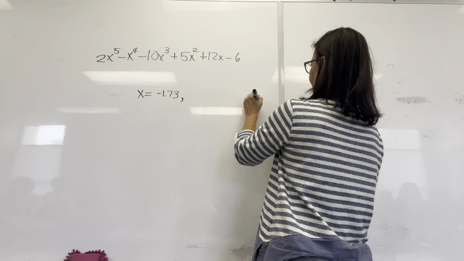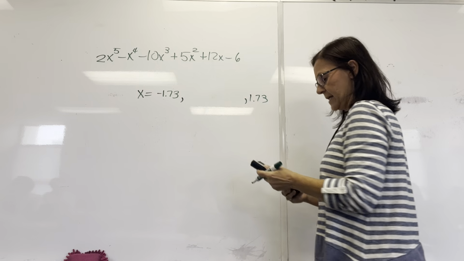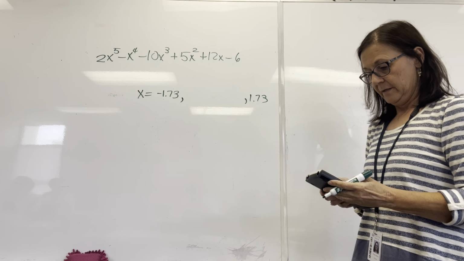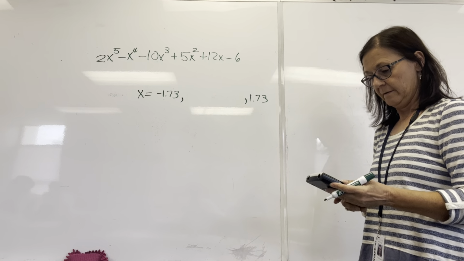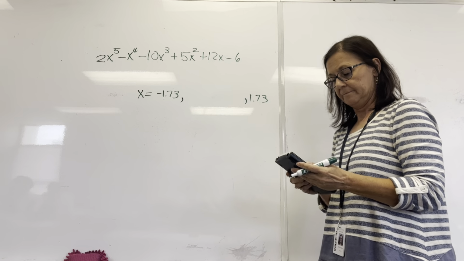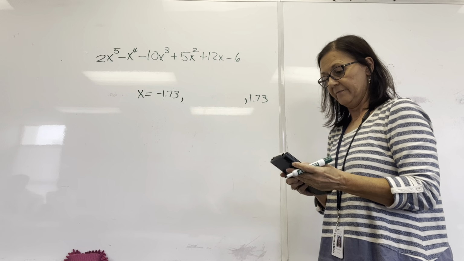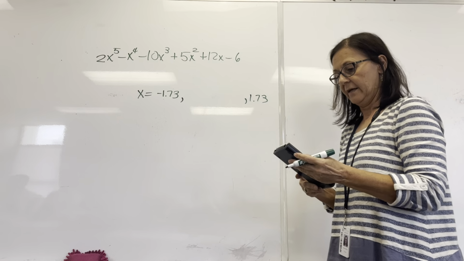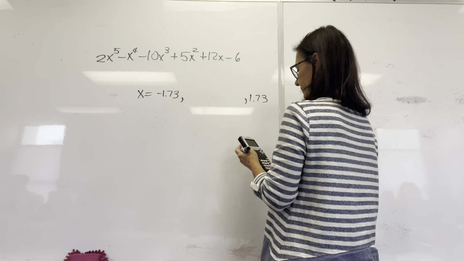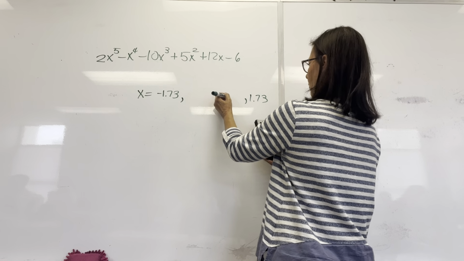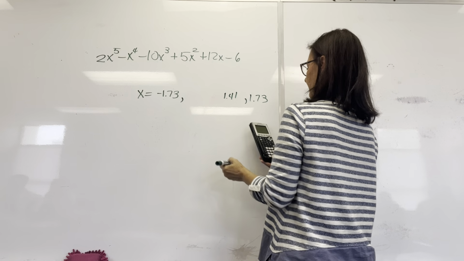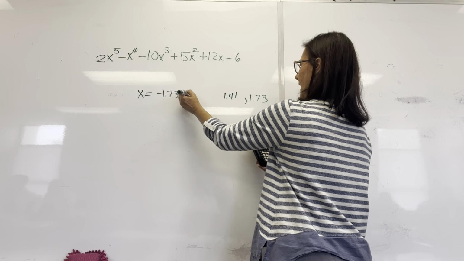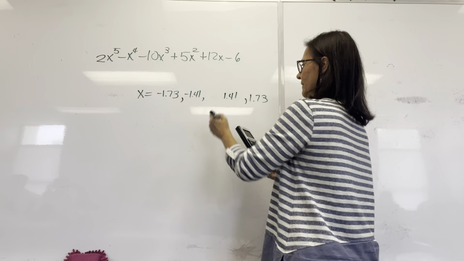Oh yeah, so this is plus minus the same number. For the fourth one, positive, negative, positive, negative. Here's where I got 1.41, so this has to be negative. I was on the wrong 1.41.